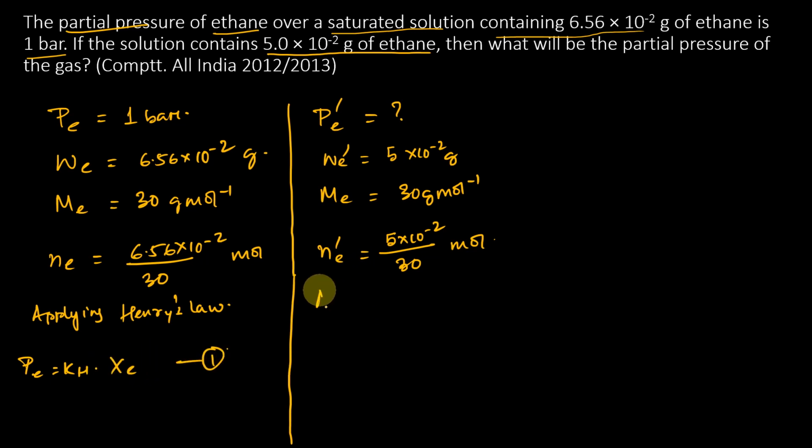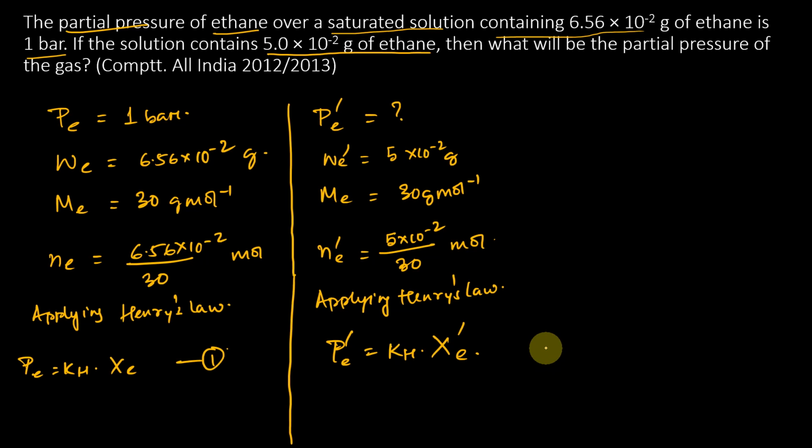Again applying Henry's law for this particular case, we get P dash E is equal to KH into mole fraction dash E. All right, clear? Make it number 2, because we are comparing, so we have written 1 and 2.